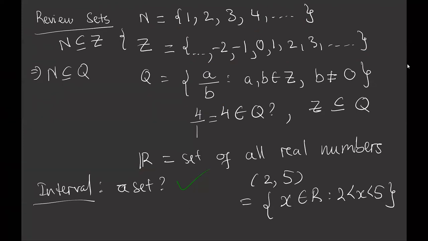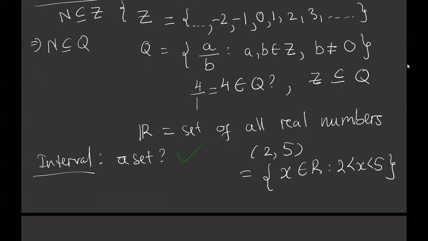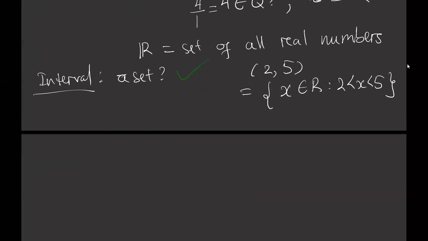And keep this in mind when you learn about functions. Sometimes you will have to find the image of a function, and the image is just a set as well.